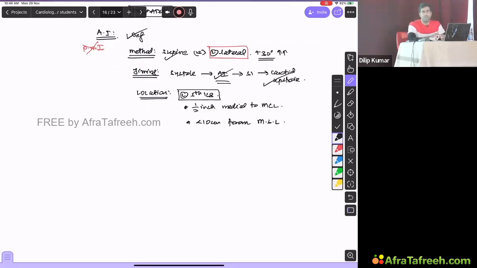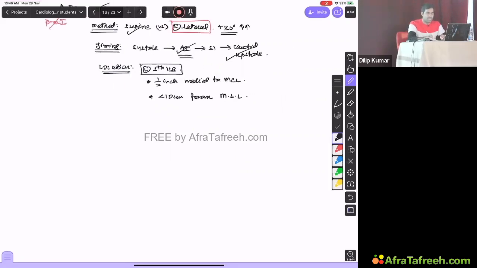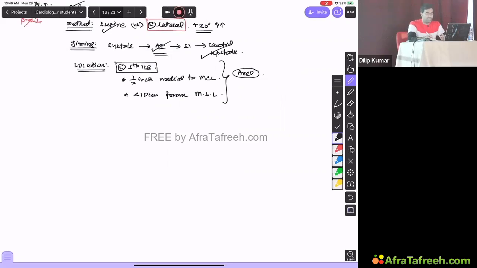Why is that point important? Because if it's palpable beyond 10 centimeters from the mid-sternal line, you can call it left ventricular hypertrophy. And the area of the apical impulse is also important. It should be approximately 2.5 to 3 centimeters, which means it should not be palpable more than that or less than that.